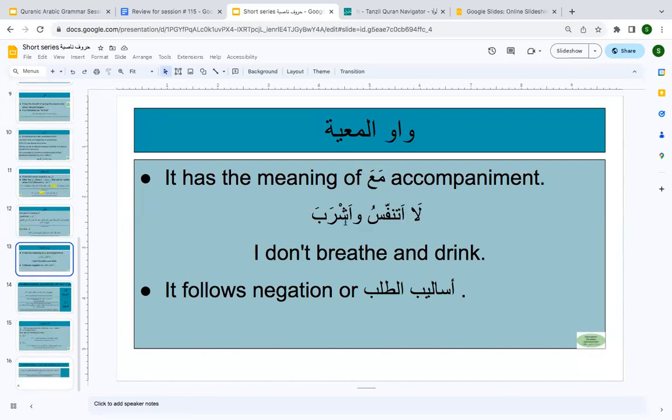And then you are seeing waw al-ma'iyya, and that is why you know that this is babul ma'iyya, because though my translation doesn't say that, you should know that the meaning here is I do not do drinking and breathing at the same time. Okay?